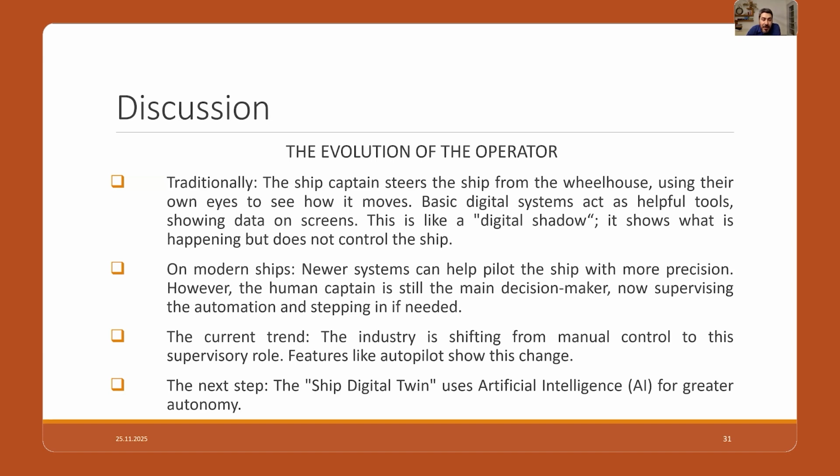The next step, however, is the ship digital twin, which uses AI, artificial intelligence, for increased autonomy. Here, the operator's role evolves further, and the level of autonomy is determined by how much AI directly manages the ship's functions, as I told you in the ship digital twin levels. Of course, probably these levels are prone to increasing.